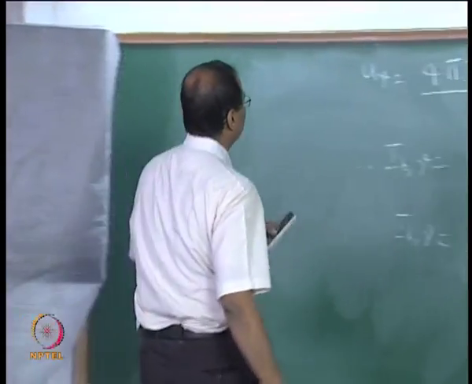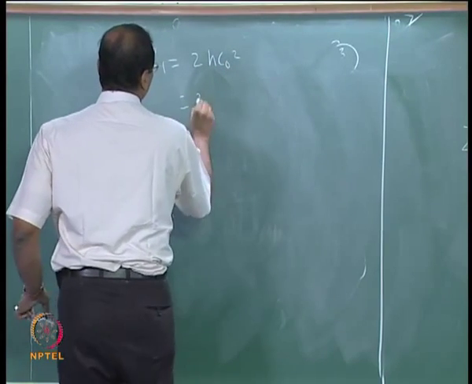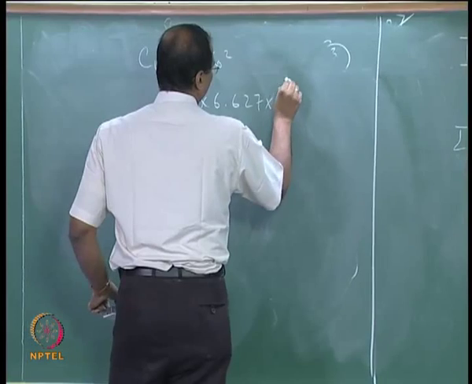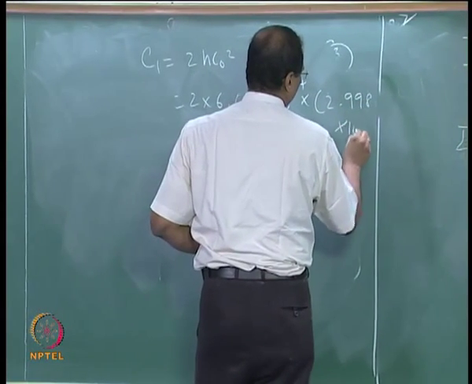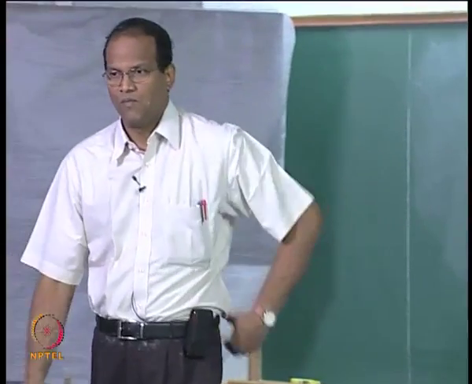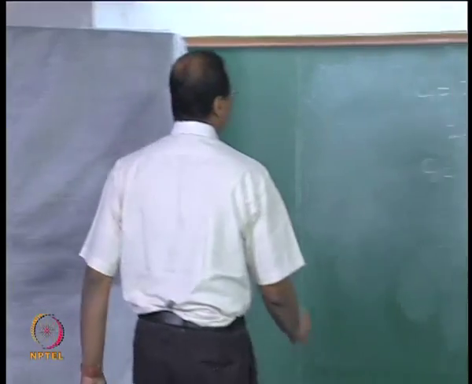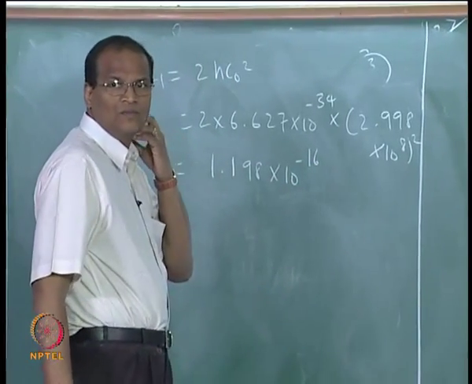Okay, now C1 and C2 we can work out the values. Tell me the value. 1.198, no, Ketan, 10 to the power of minus 16 joules.